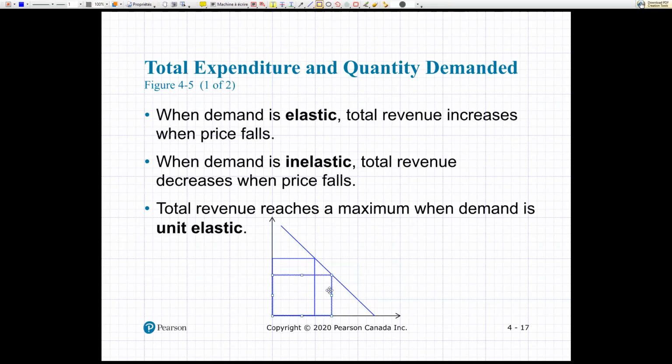Oh yeah, I can actually count the number of squares. What I want is to have the same number of squares. Yeah, okay, it works, perfect.